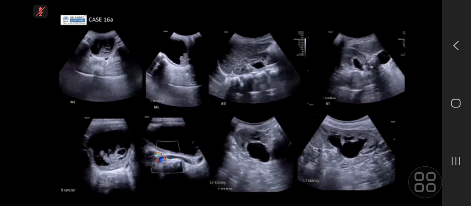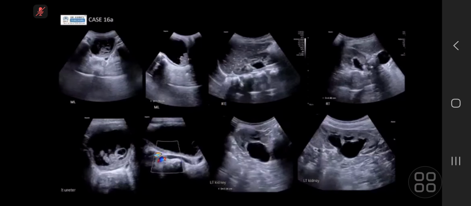I think in the first section within the bladder, there's evidence of a polypoidal hyperechoic mass, and there is dilatation. I think there is hydronephrosis of the right kidney. We see in the third and fourth images the dilated pelvis, and the left ureter in the lower sections showing evidence of a polypoidal mass and the thickened bladder wall.